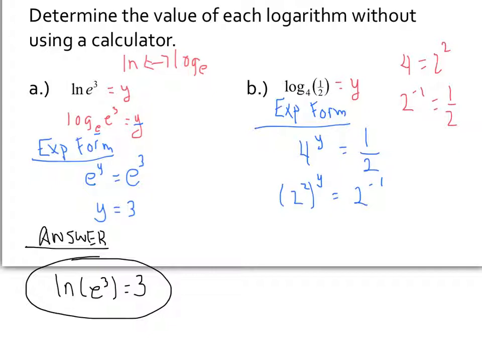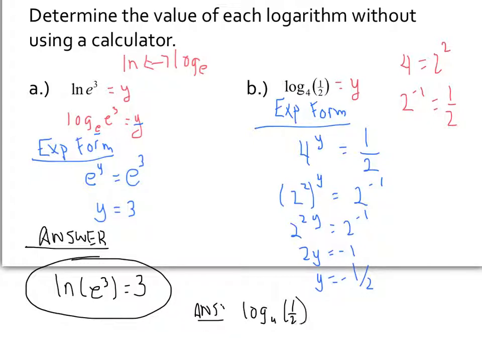And so 2 to the 2y is equal to 2 to the negative 1, which means that 2y is negative 1, which means that y is negative 1/2. And so this means then, finally, that my answer is as follows. The log base 4 of 1/2 is equal to negative 1/2.